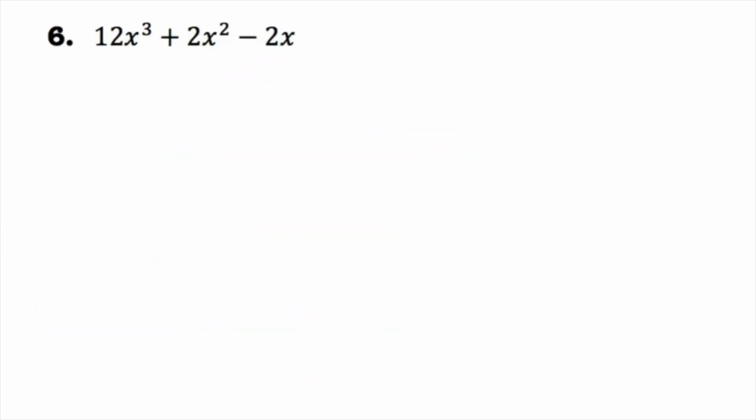All right, last one. 12x to the third plus 2x squared minus 2x. Well, I know immediately we have to pull that x out because they all have an x in common. But they also have a 2 in common. So you actually should be pulling out 2x, which would leave you with 6x squared plus x minus 1.